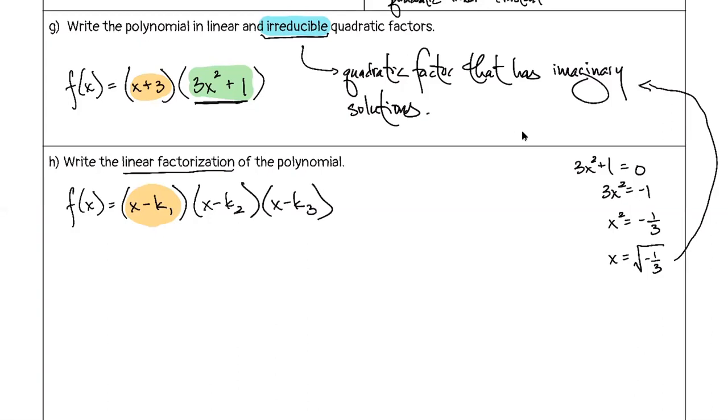But there are two other linear factors. We'll do sort of a seafoam green, because these two factors come from the irreducible quadratic factor. And these two are going to be imaginary.